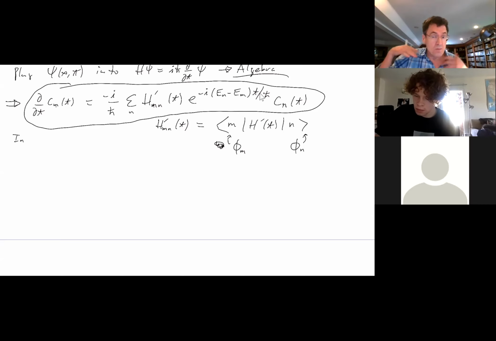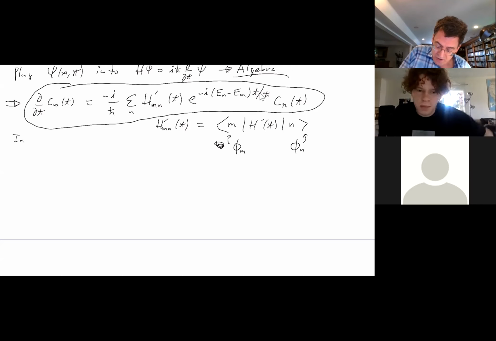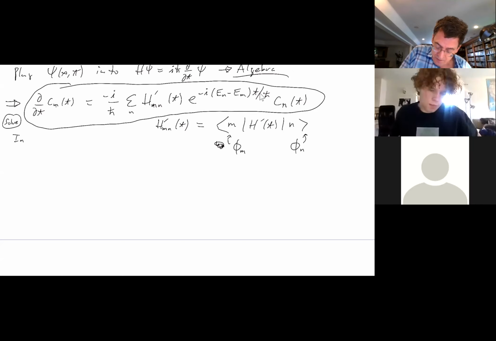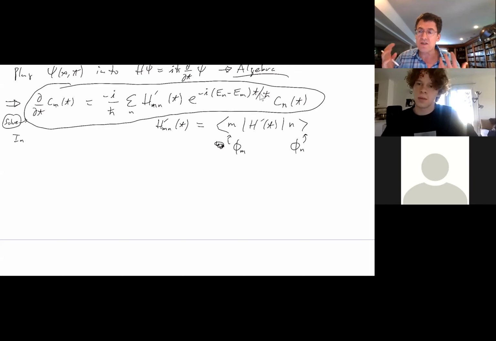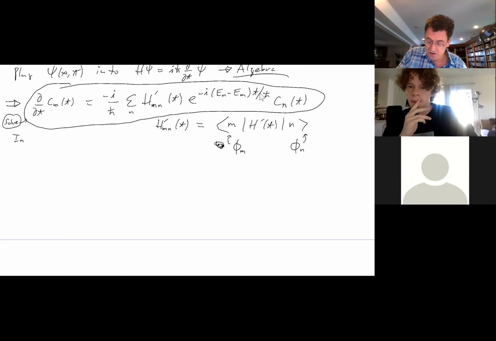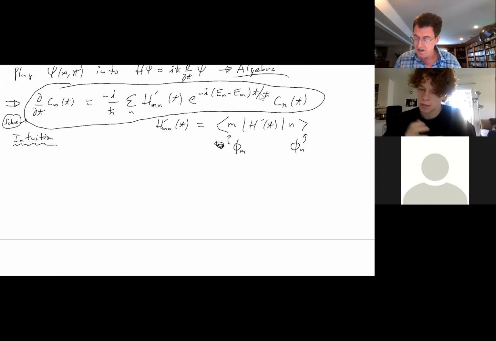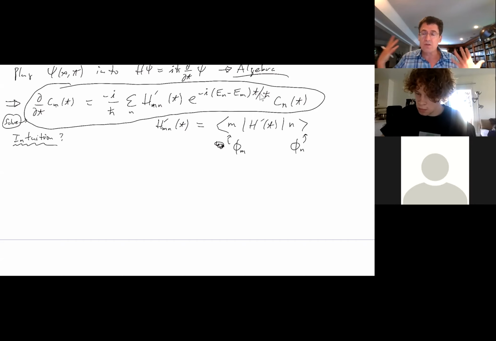Before diving into more algebra, which we will do, because now the next thing is we have to solve this equation, I want you just to look at this equation and try to gain a little bit of intuition, which helps me, and hopefully helps you.